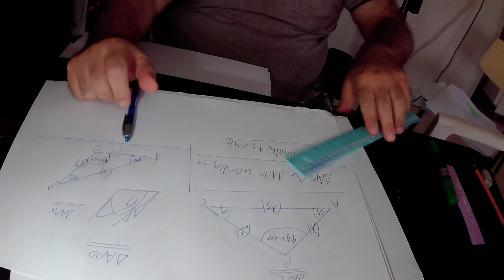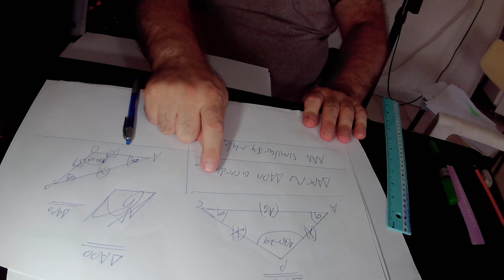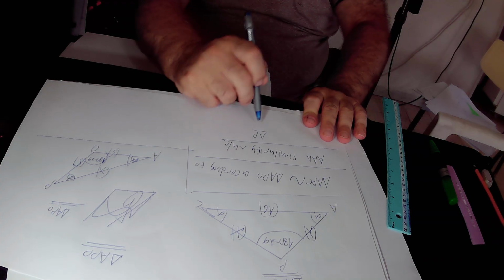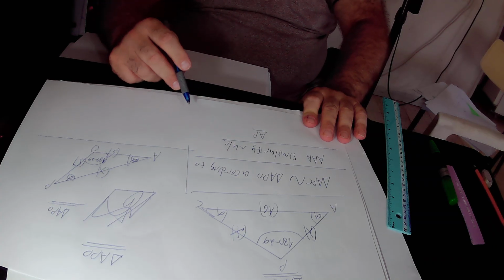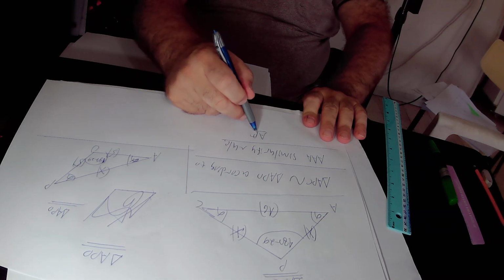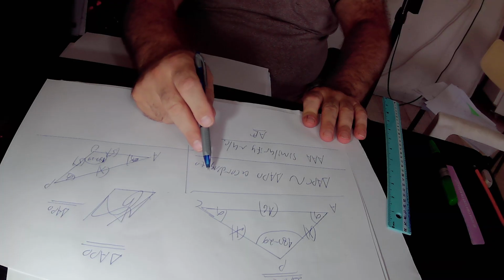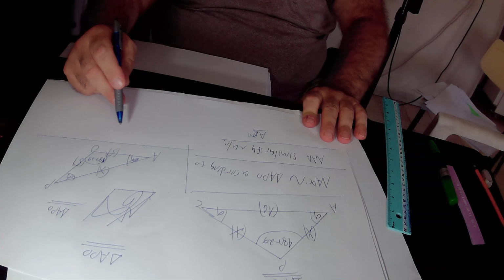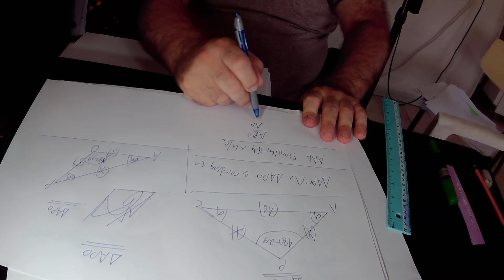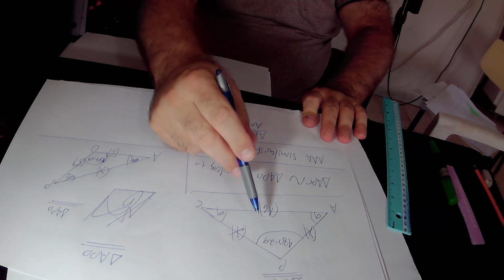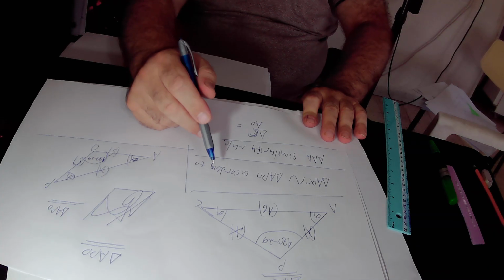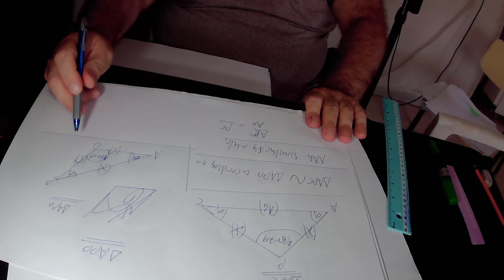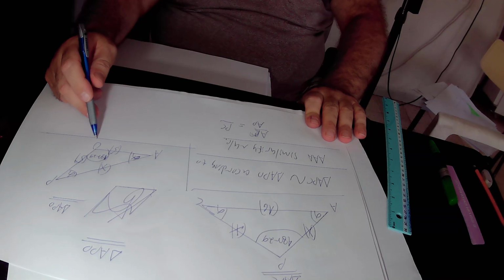We derive that side AC of the big isosceles triangle APC over side AP of the small isosceles triangle APO is equal to side PC of the big isosceles triangle APC over side PO of the small isosceles triangle APO.